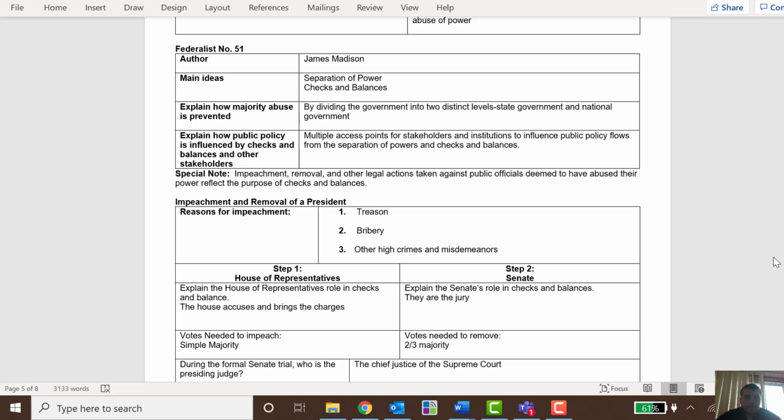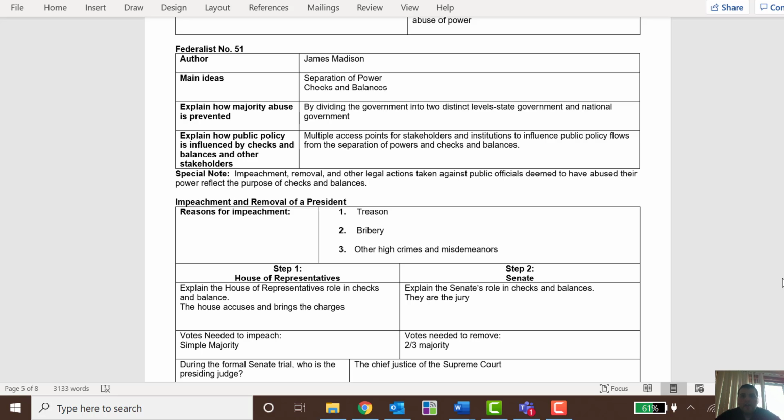He's going through and saying that the government is going to be divided up into levels. There are going to be state governments and national governments that have different powers. So this idea of federalism comes up here. So don't worry, if you live in New York, you're not going to be only under the rule of this big tyrant, the president. There's going to be checks on his power.